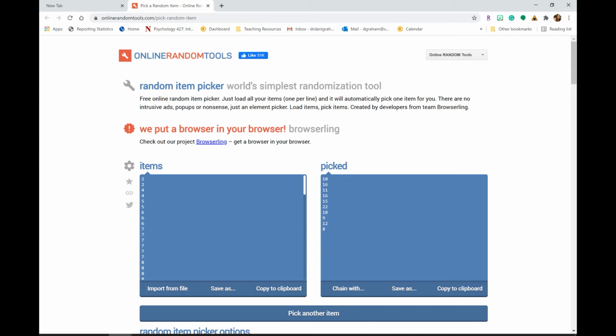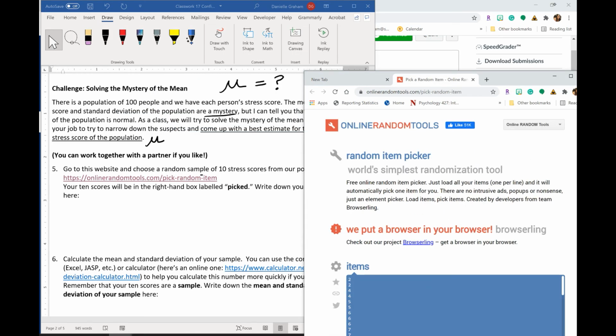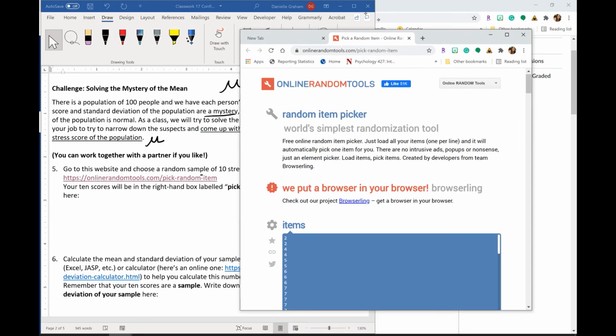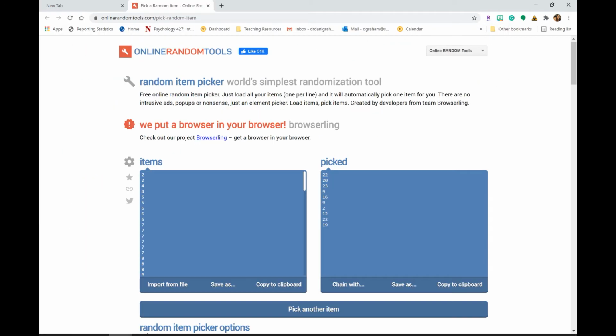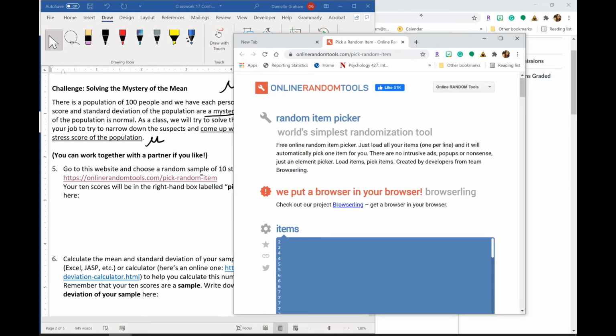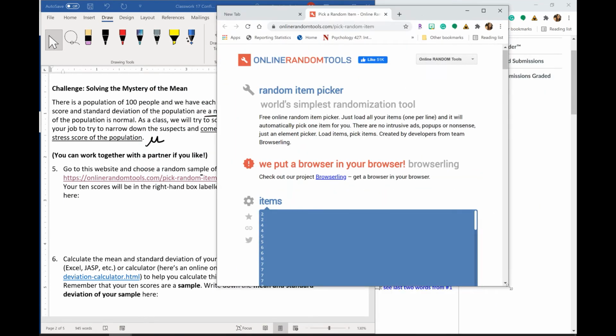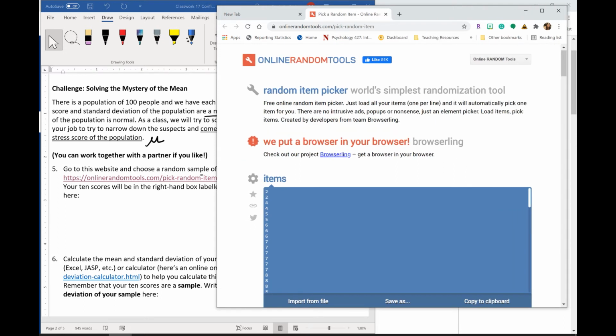and right here on the right hand side where it says picked, these 10 numbers are the random sample it just picked for me. So let me set this up so I can hopefully see. I want to be able to see those picked numbers at the same time.